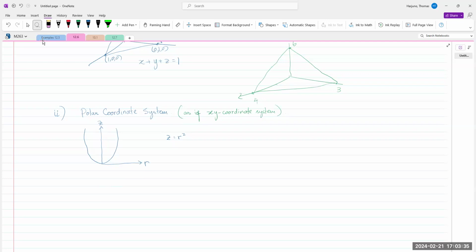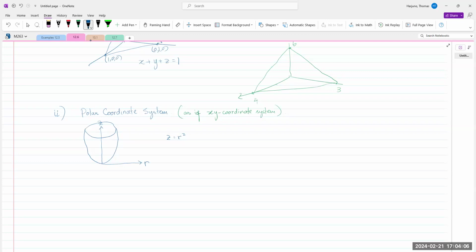People who just look at my notes and don't watch my videos, I think they will get confused. Okay, in 3 dimensions, you think of rotating this curve here around the z-axis. Then that's what it looks like.